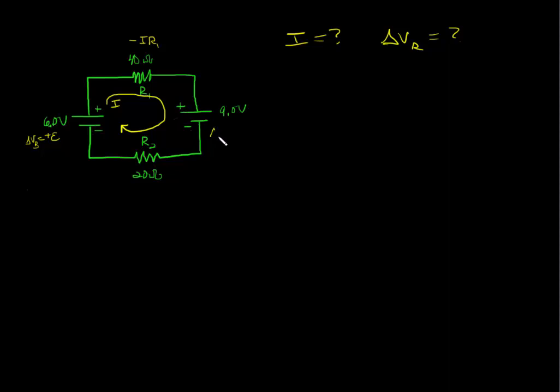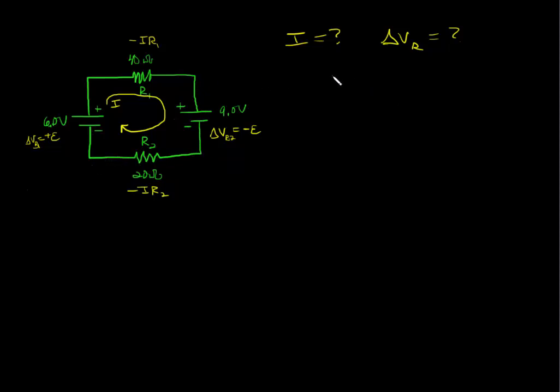So my delta V of battery 2 is going to be negative electromotive force. And then I come along here and cross another resistor. So again, I have negative IR2, and we're done. So we have positive EMF 1, negative IR1, negative EMF 2, and then negative IR2.